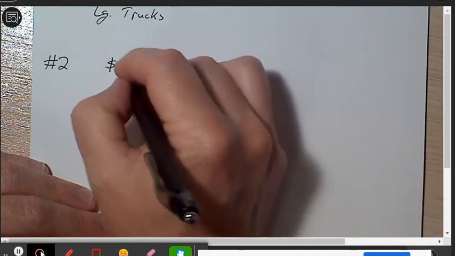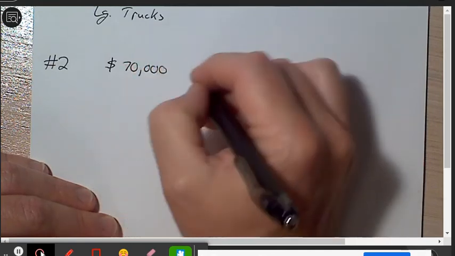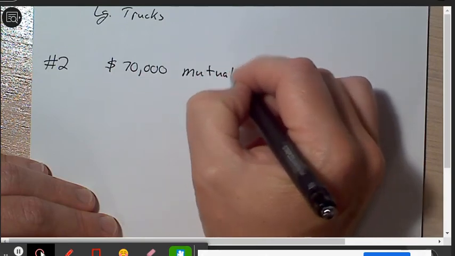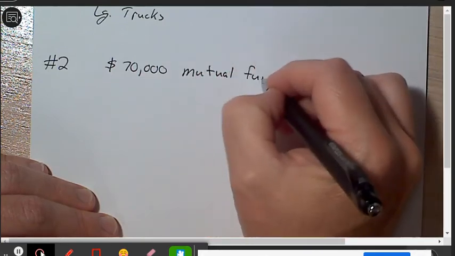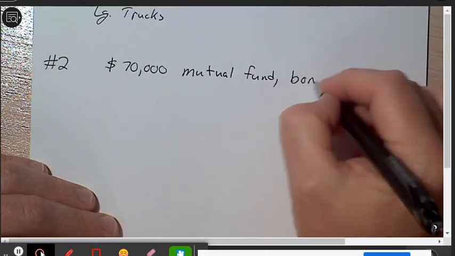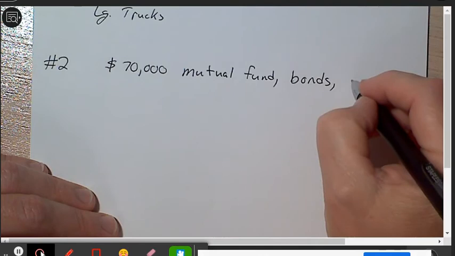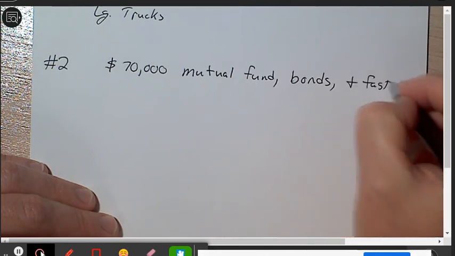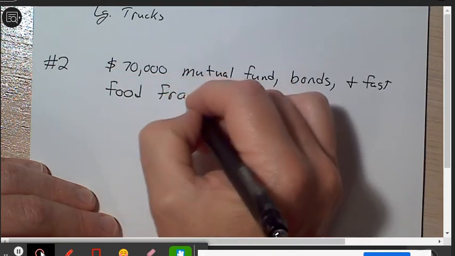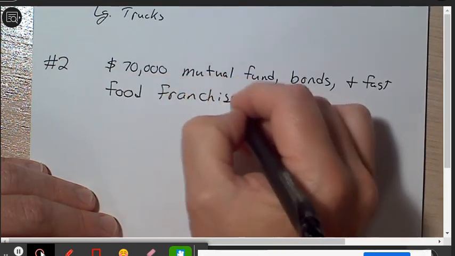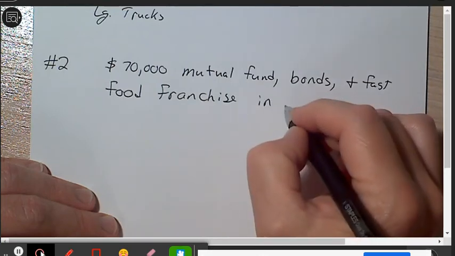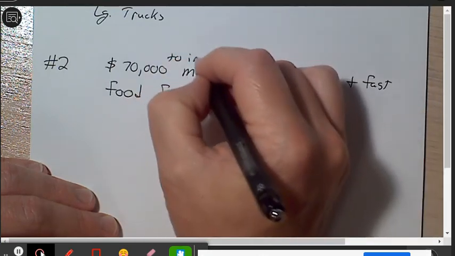We've got a $70,000... mutual fund, bonds, and a fast food franchise investment, or $70,000 to invest.